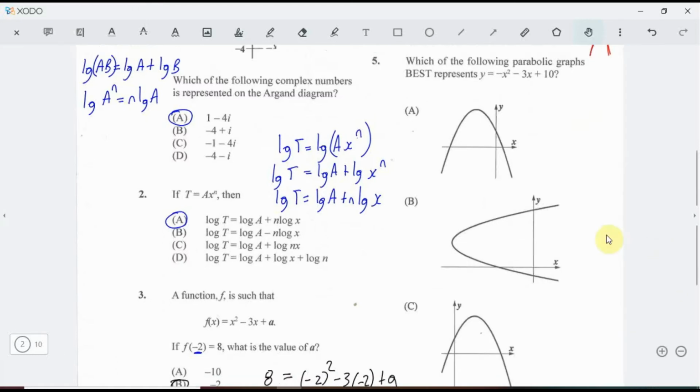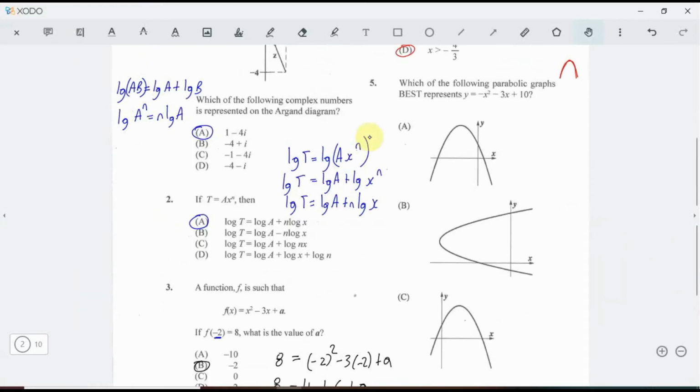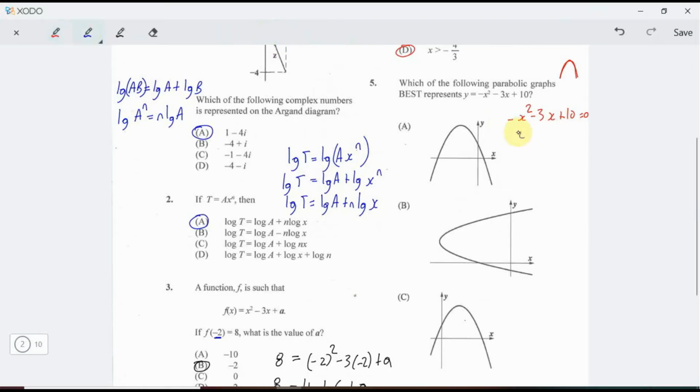So how we're going to determine which one is the correct answer now is we're going to have to assess the roots. To assess the roots, we're going to go ahead and find the roots of this quadratic, negative x squared minus 3x plus 10 equals 0. I'm going to multiply through by negative 1, so I can get x squared plus 3x minus 10 equals 0.